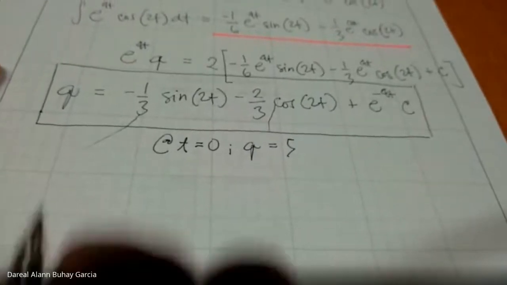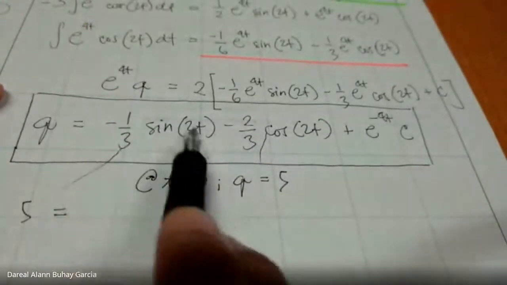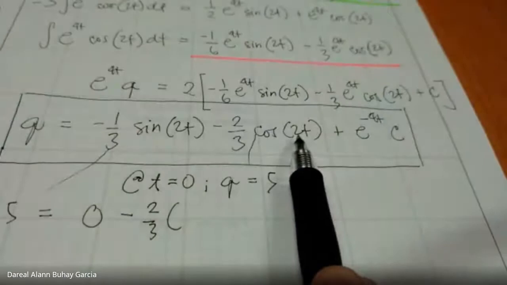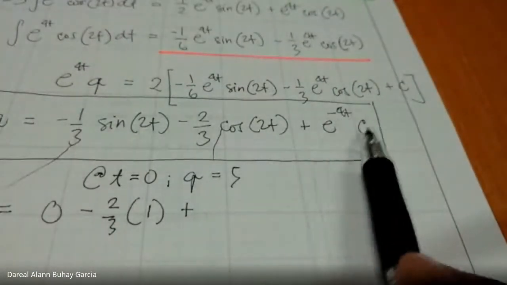This is 5, is equal to sine of 0 is 0, so 0. 0 minus 2/3 of cosine of 0 is 1, plus e to the power of 0 is 1 times C. So, C is left.